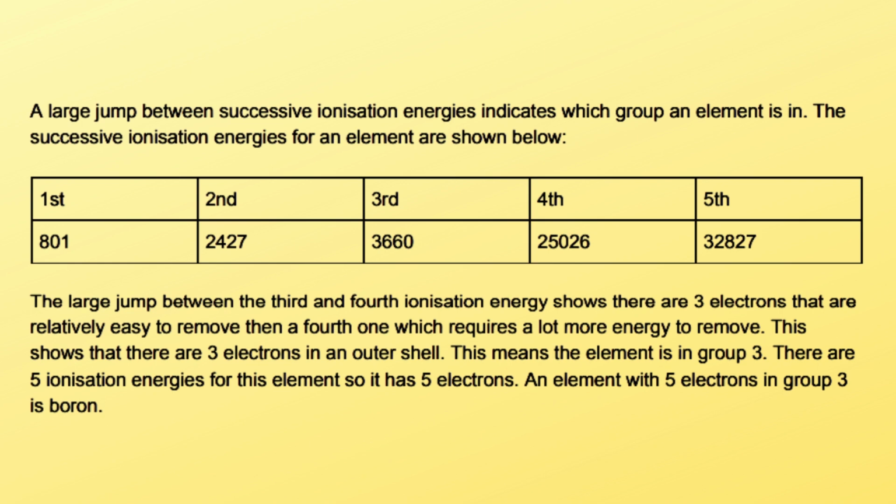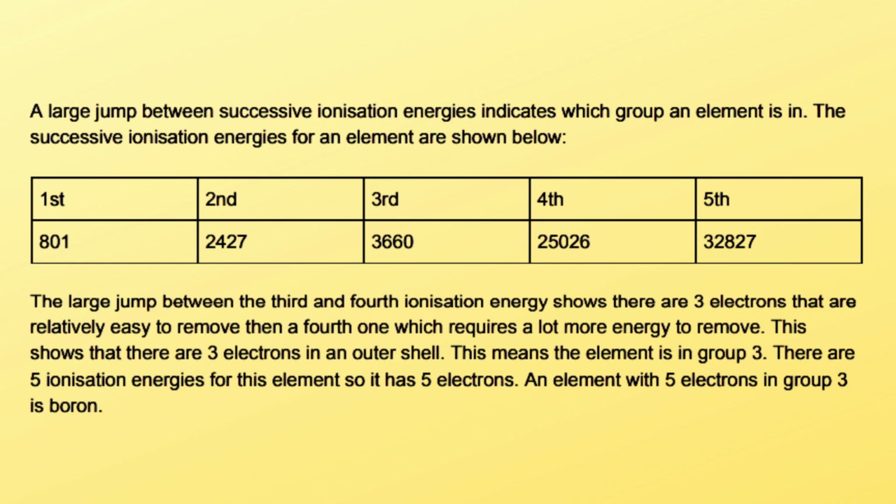There is a large jump between the third and fourth ionization energy, as you can see here. The third is 3660 only. The fourth is 25,000. So it's much greater than the third one. This shows that there are 3 electrons that are relatively easy to remove, while the fourth one requires a lot more energy to remove.